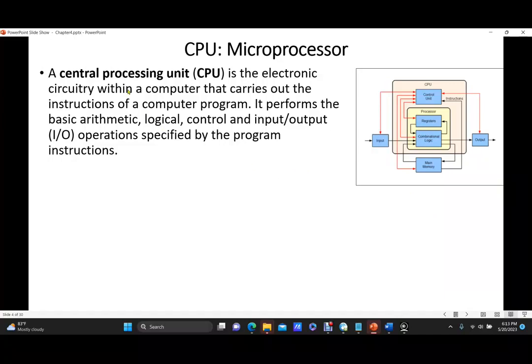The central processing unit, a CPU, is the electronic circuitry within the computer that carries out the instructions of the computer program. It performs the basic arithmetic, logic, control, and input-output operations specified by the program instructions.